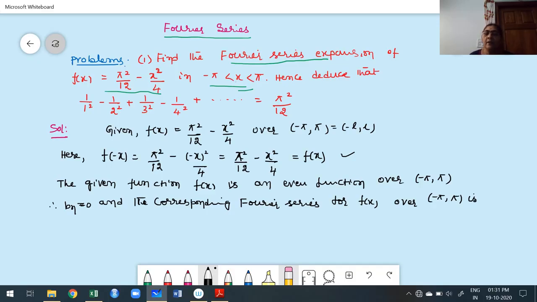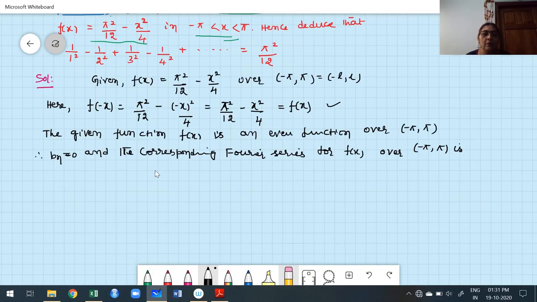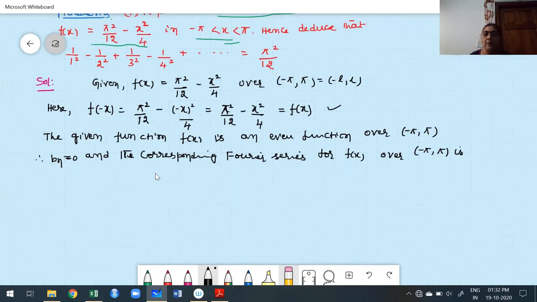Now while writing a Fourier series for the given function, I told you a number of times, first you have to know what the value of L is. How to take the value of L here. Now our given interval is minus pi to plus pi, okay.